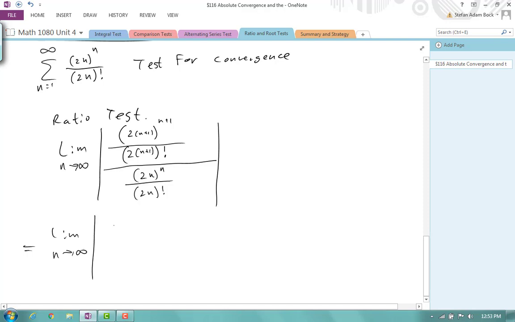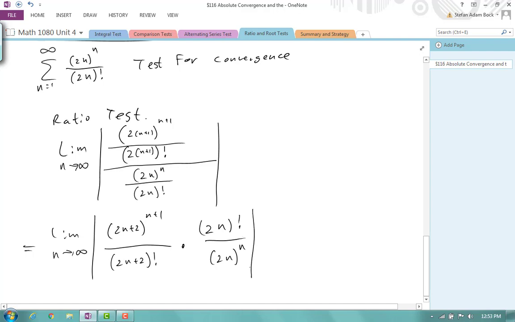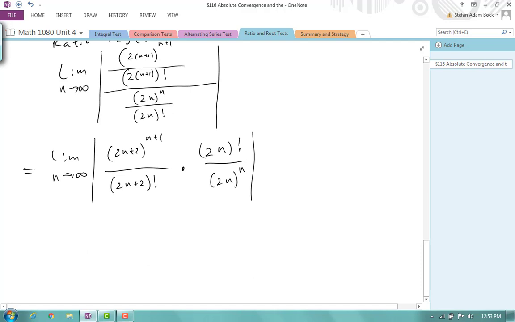Let's see, I'll have 2n plus 2 raised to the power of n plus 1 divided by 2n plus 2 factorial, multiplied by the reciprocal, so I have 2n factorial divided by 2n to the n. And I want to try to cancel things.